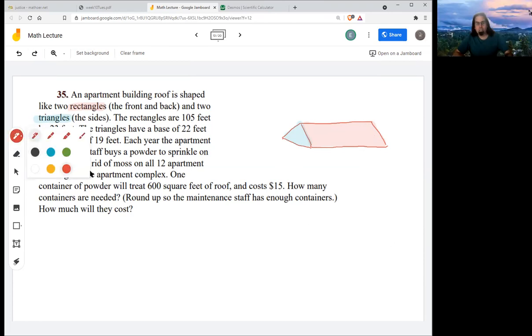Okay, so the rectangles are 105 feet by 23 feet. And the triangles have a base of 22 feet and a height going up and down of 19.